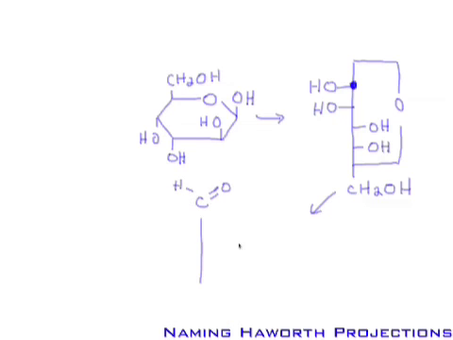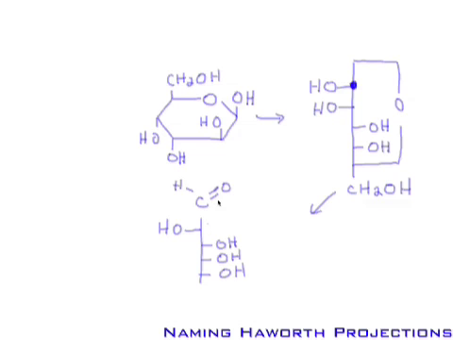So when I draw the Fischer to figure out what I've got, I have an OH here. Okay. And then I have an OH, an OH, an OH. Now let's follow that.